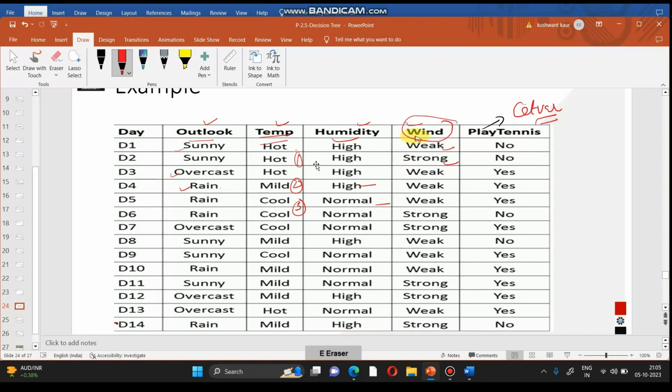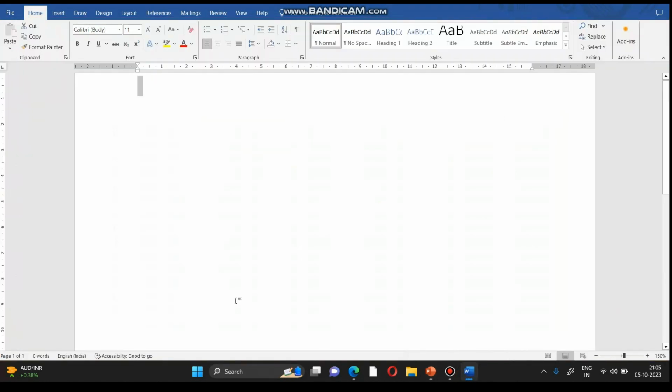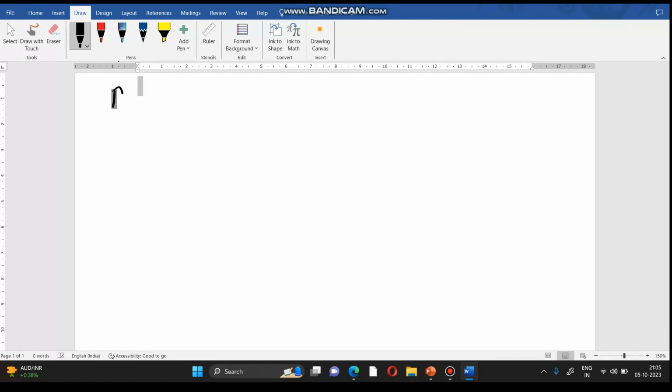Fine. So we will start solving the problem now, and meanwhile, as we proceed, we will continue with the next steps. Okay, so we have already discussed the formula for calculating the entropy. Let's first consider the attribute outlook.